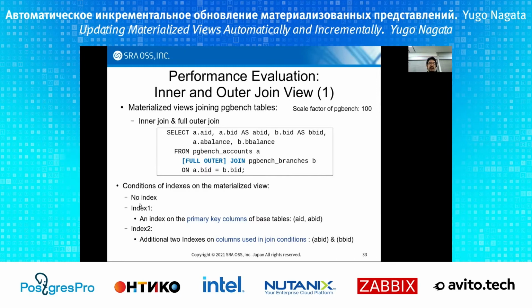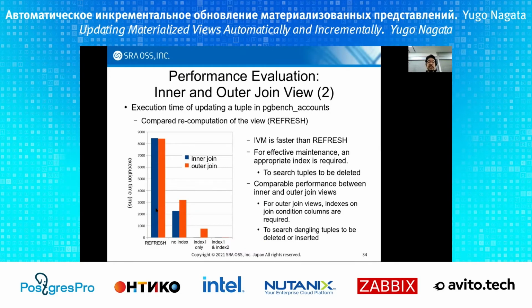First, there are no indexes. Second, the view has an index on the primary key columns of base tables. And third, the view has two additional indexes on columns used in join conditions, as well as primary key columns. This is the result.